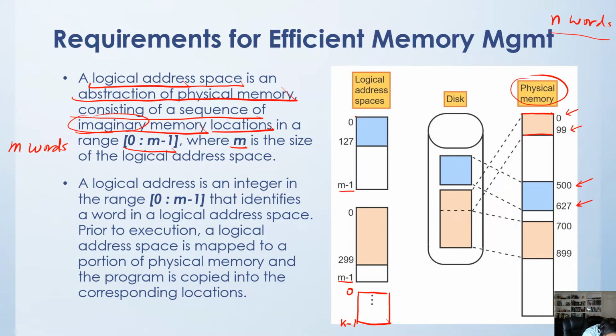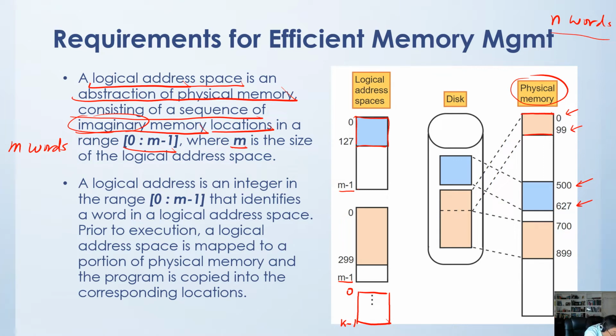Now, when you develop a program, in order to make it easier for people to manage program development, you can place the program in a logical memory space with logical memory addresses.